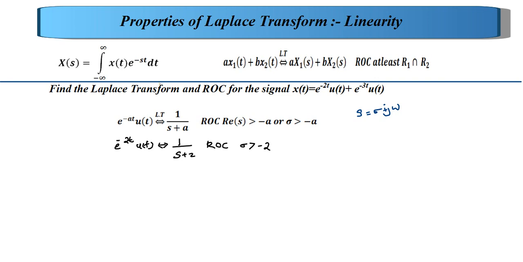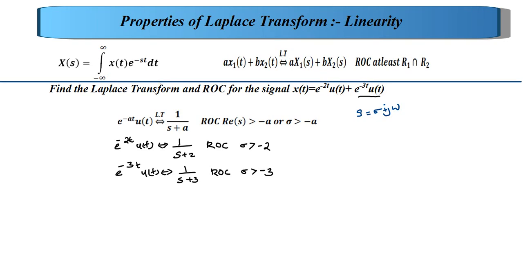Now we'll move to the second part, which is e raised to minus 3t into u(t). The Laplace transform can be written as 1 by s plus 3, and the ROC of that signal is sigma greater than minus 3.